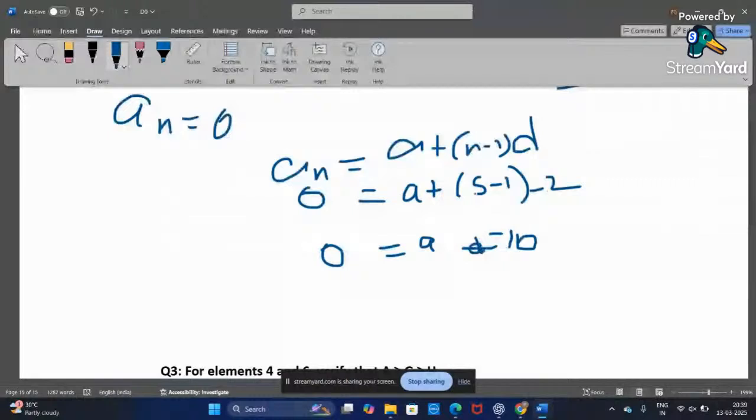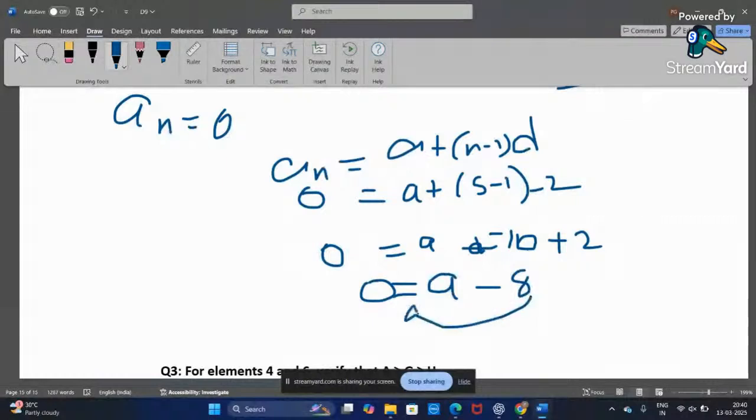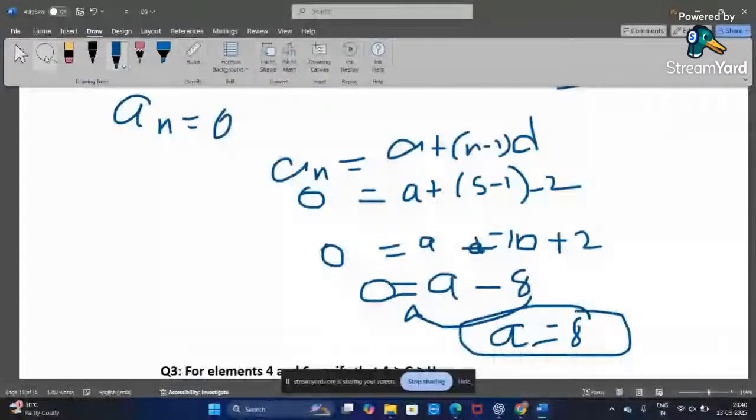So it is minus 10. Minus 1 into minus 2, it is plus 2. So here it is A minus 10 plus 2, it is 8. So we are sending 8 this side. So A will be 8. The value of A is 8 here. Got it?